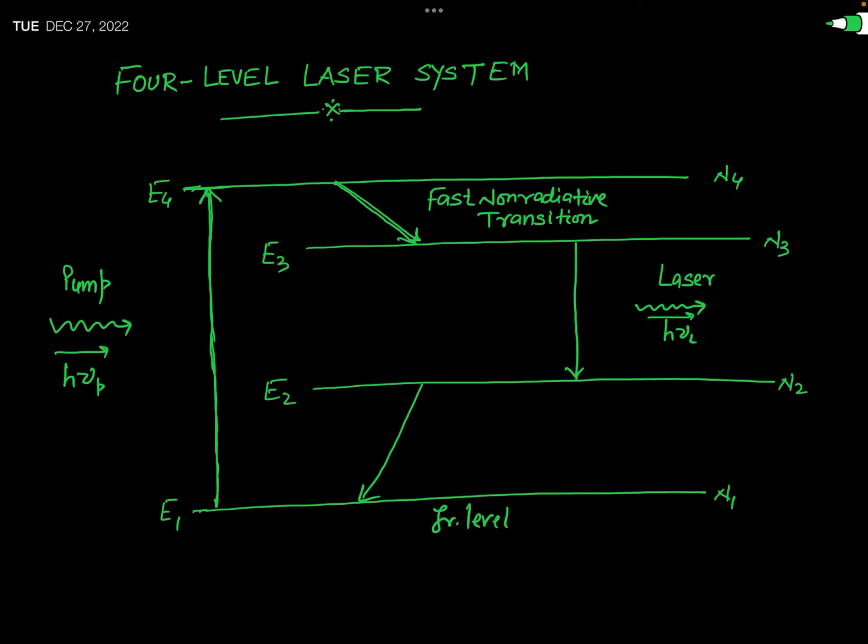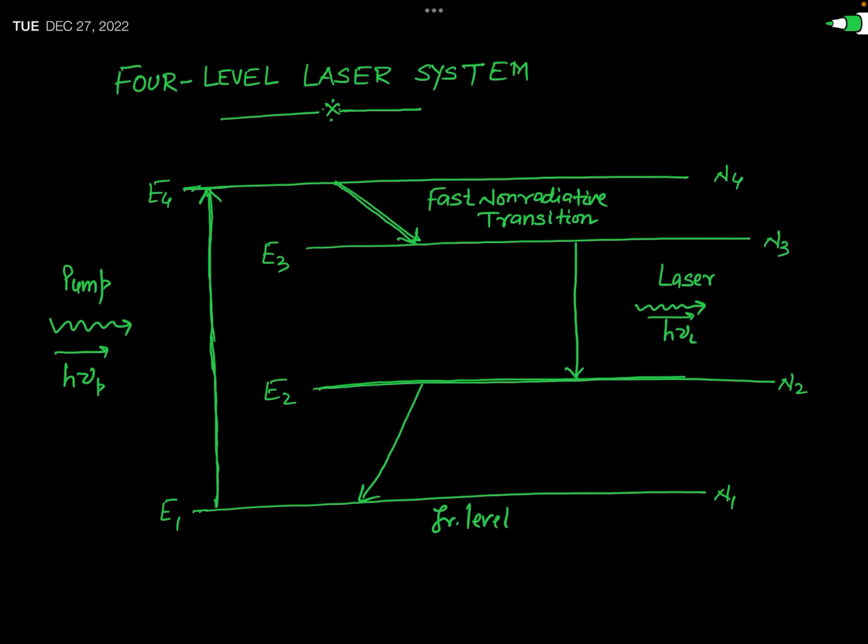Actually, this third energy level is a laser energy level, or you can say a metastable energy level. The mean life of the atoms in this third energy level is very large in comparison to the mean life of the atoms in the fourth energy level. And E2 is also a laser level.